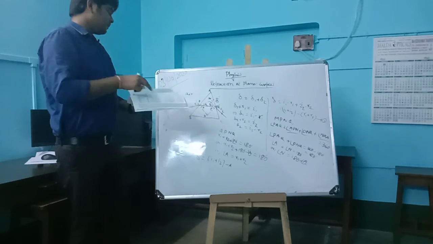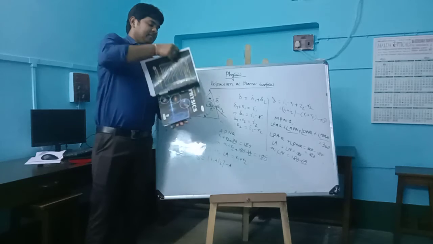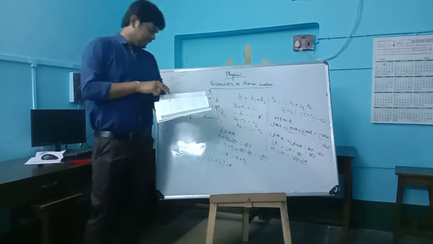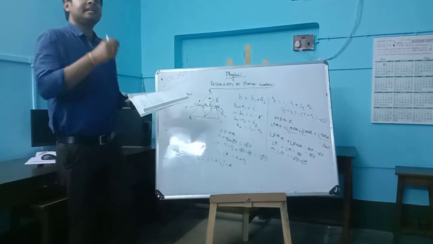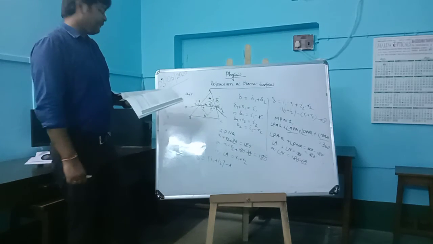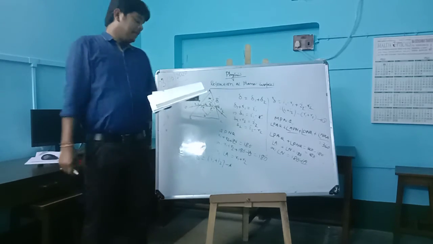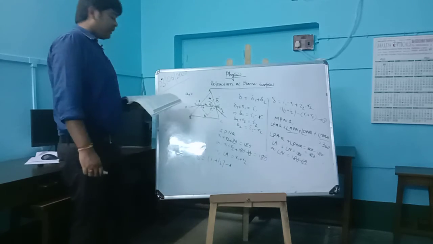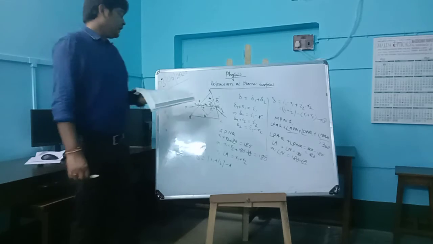This angle of deviation depends on some factors. First, it depends on the angle of incidence. Second, the material of the prism, that is, the refractive index mu. Third, the angle of the prism. And it also depends on the wavelength of the light we used.